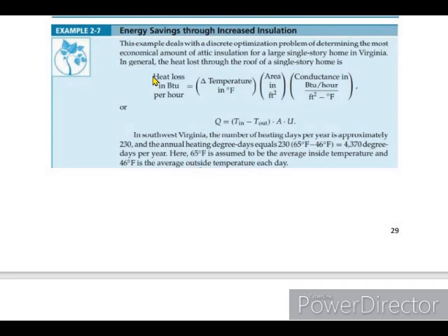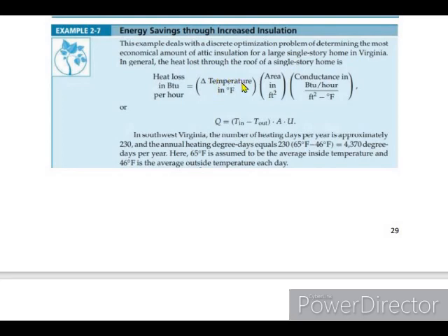So in general, the heat lost through the roof of a single-story home is given by this equation. So heat loss in BTU per hour. BTU is an abbreviation for British Thermal Unit. It is equal to delta temperature.